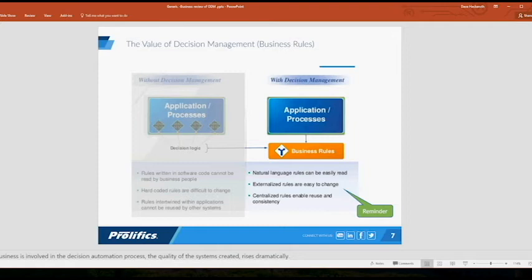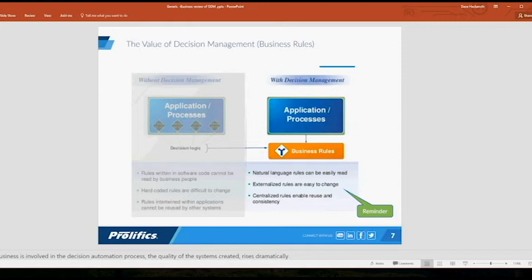We chatted about that just a minute ago, and really confirm that the knowledge that is being input into a system is in fact what they believe it should be, and indeed is. We're talking about externalizing the rules so they can be easily changed so that the business decision is being made in one place. It promotes a reuse capability.